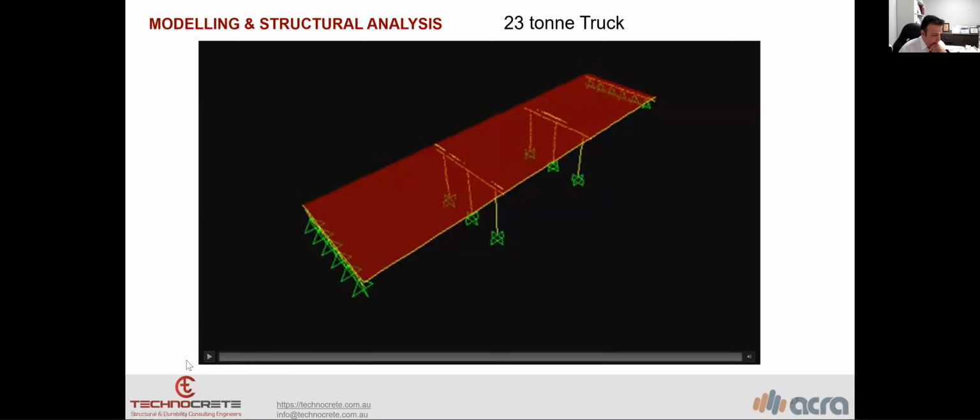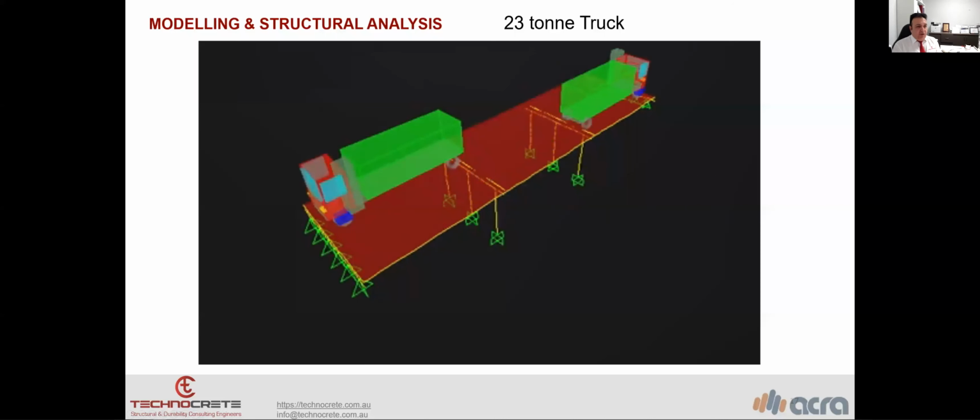I have prepared a very short video for the 23-ton truck, and then we will see the 68-ton. Then we can see the deflection and the effect of the dynamic loading of vehicles at the speed we have on that road.